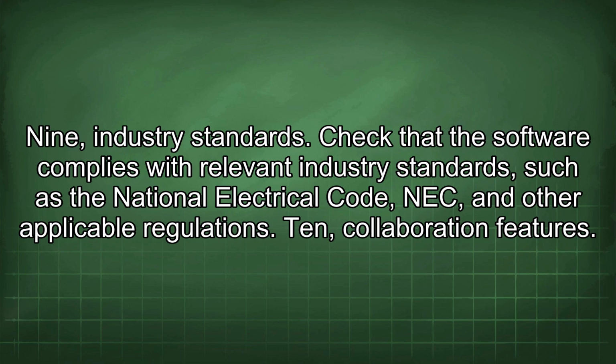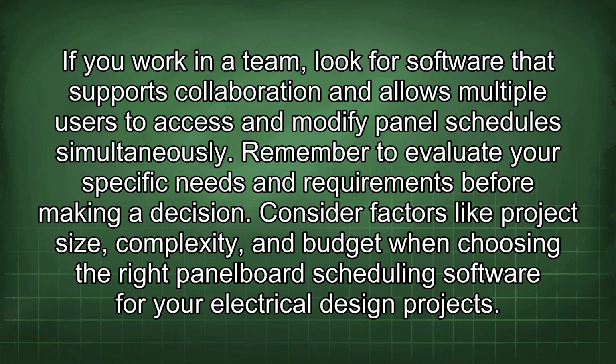Check that the software complies with relevant industry standards, such as the National Electrical Code, NEC, and other applicable regulations. 10. Collaboration features. If you work in a team, look for software that supports collaboration and allows multiple users to access and modify panel schedules simultaneously. Remember to evaluate your specific needs and requirements before making a decision.